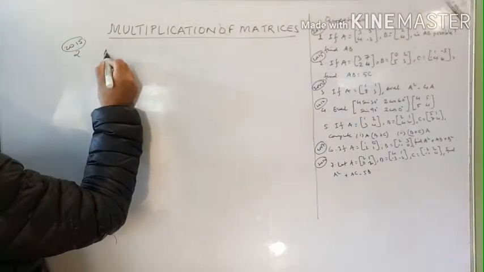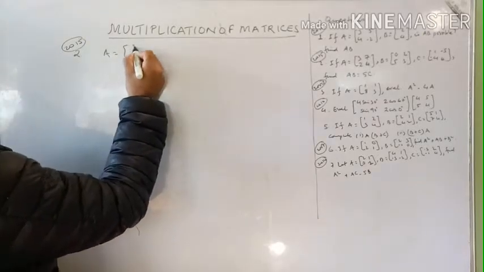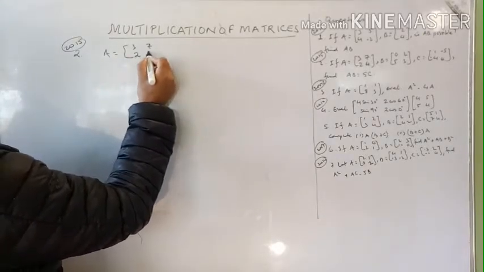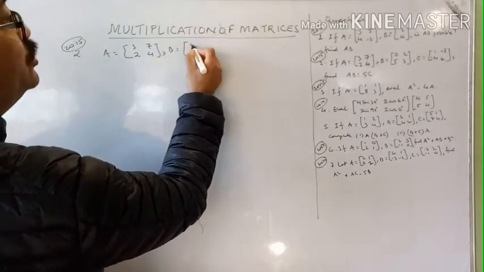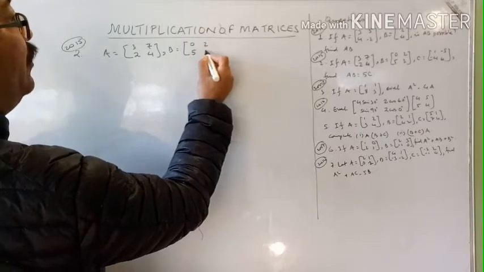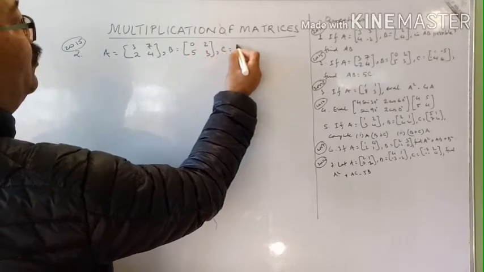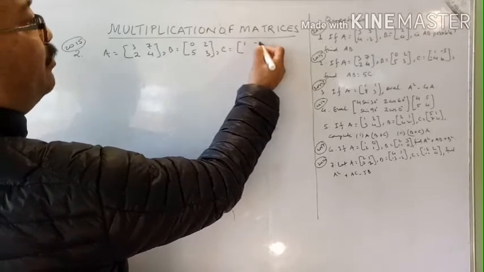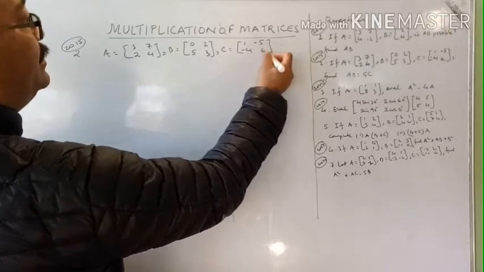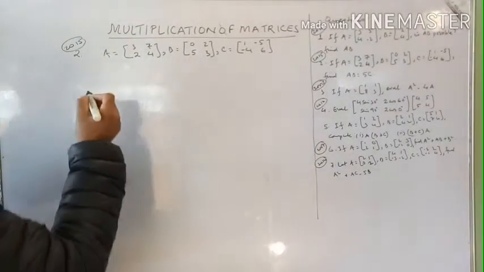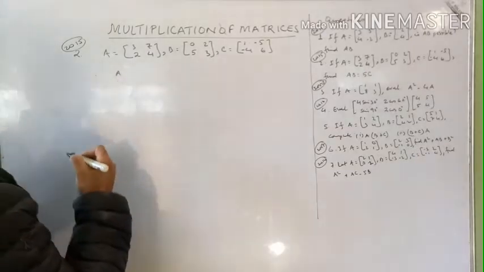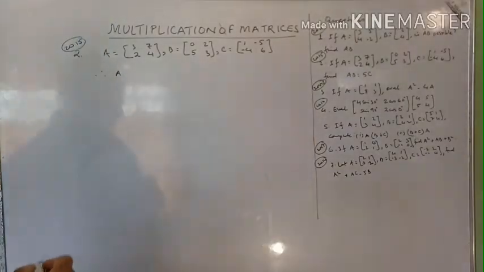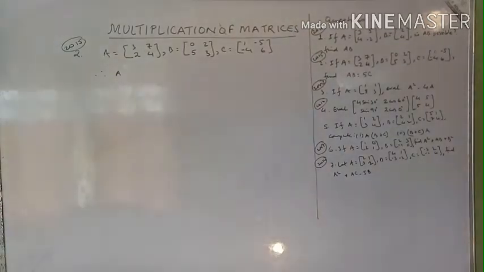Given A has elements 3, 7, 2, 4 and B has elements 0, 2, 5 and 3, and one more matrix C has elements 1, minus 5, minus 4 and 6. Now the question says to show that AB is equal to 5C. Okay, let's check this question.